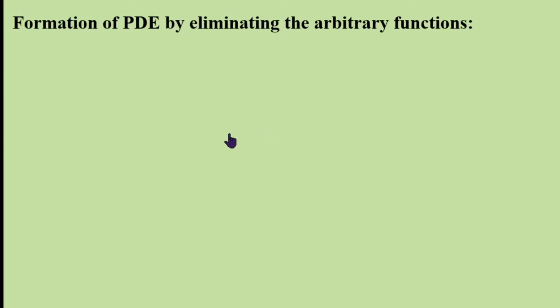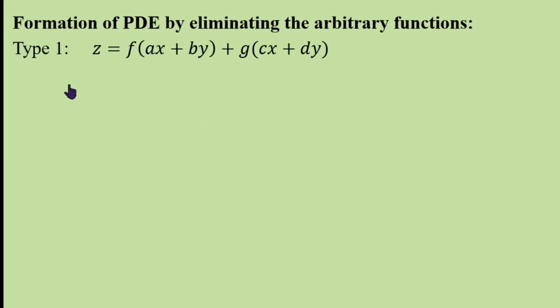Type 1 is formation of PDE by eliminating arbitrary functions, in that if the equation is of the type z equal to f of ax plus by plus g of cx plus dy. Here a, b, c, d are constants and f and g are arbitrary functions.